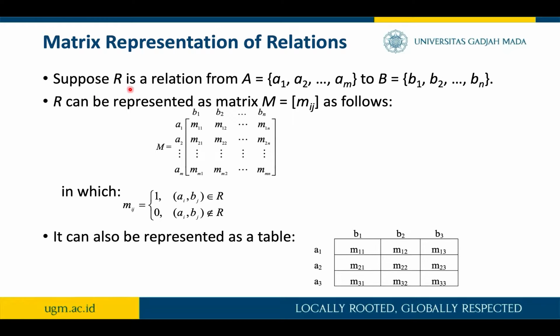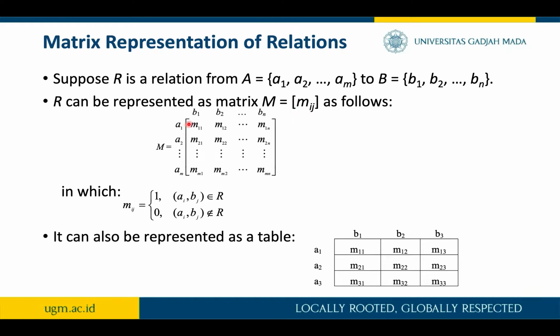So if we have R is a relation from A to B, then we can represent the relation R as matrix M, which contains elements Mij as follows.